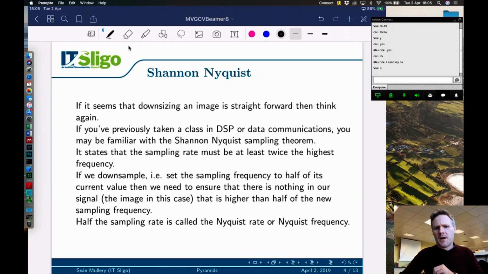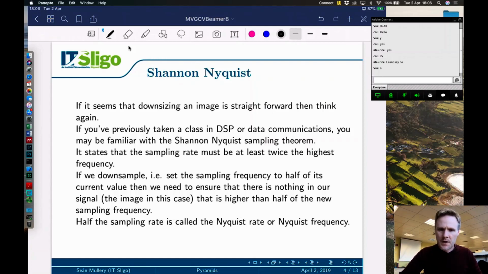Now, the problem is, if we downsample an image, what we're basically doing is dropping our sampling frequency by half in each direction, but we need to only consider that we're dropping it by half in one direction. So when we do that, the problem is if we have frequencies that were higher than a quarter of the original sampling frequency, then they are now going to be bigger than half of the new sampling frequency, and that's a problem.